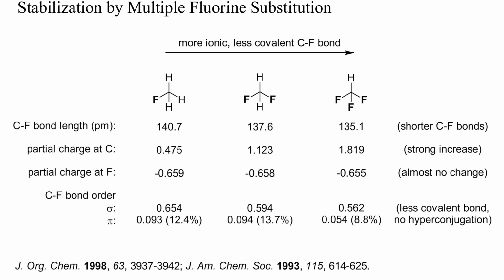The main reason for this stabilization is electrostatic attraction between the partial negative charge at fluorine and the positive charge at carbon. As shown in this table, upon increasing fluorination, the carbon-fluorine bonds become shorter, and the partial positive charge at carbon increases. With each additional fluorine atom, the carbon-fluorine bonds become less covalent and more ionic, with a decreasing contribution of pi bonding.